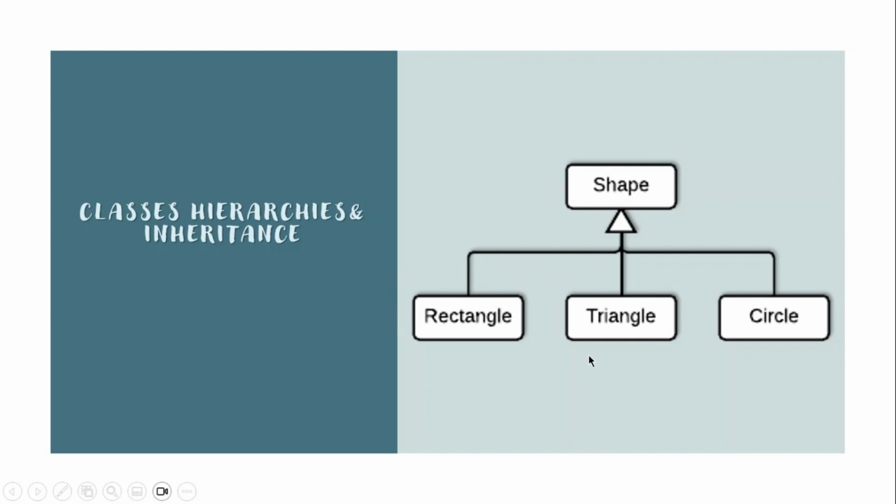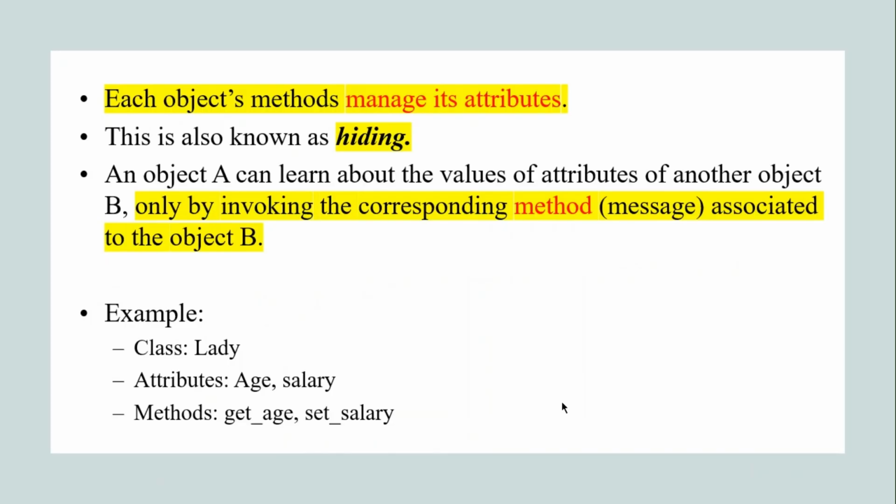objects that have shared things between them, methods or attributes, and this helps me not to redo the code again and again. Thus, as I said before, every object has its own methods and its own attributes, and the object's methods are responsible for managing its attributes, and this is known as hiding.